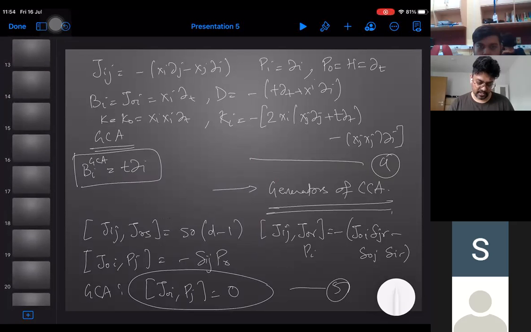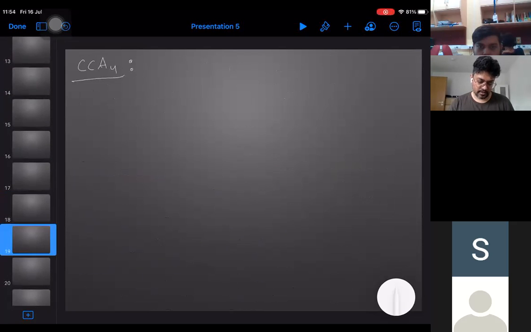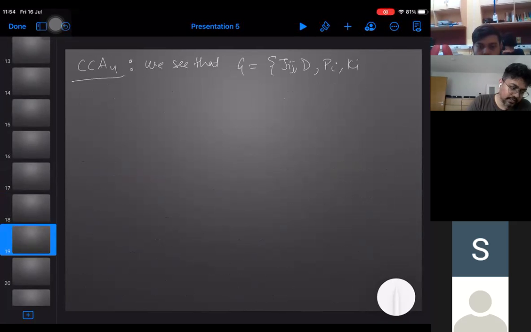So just keep this in mind, and moving forward, what we see is that if you take this G, the Jij, D, Pi, and Ki, this forms a one lower dimensional relativistic conformal algebra. Euclidean.